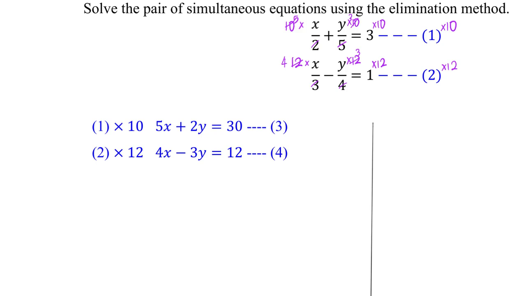And at this stage, I still cannot get my unknowns with the same coefficient, so I'm going to do more. I'm going to multiply equation 3 by 4 throughout, and equation 4, I'm going to multiply by 5 throughout, so that eventually I will have an unknown with the same coefficient, in this case 20x.